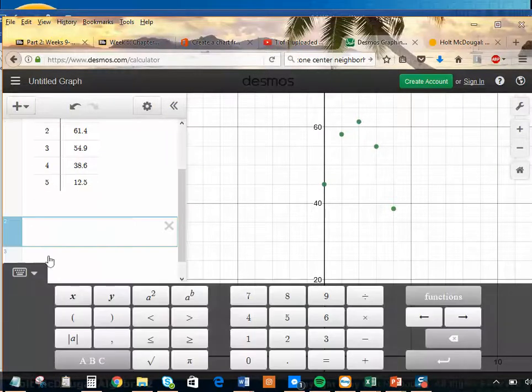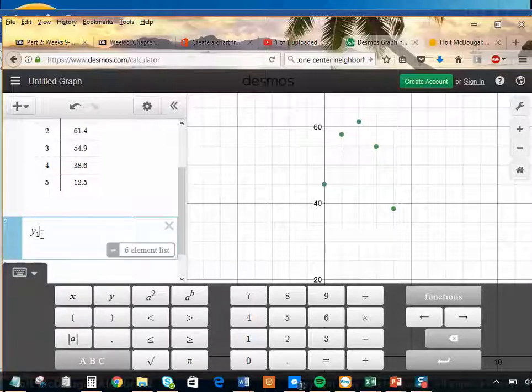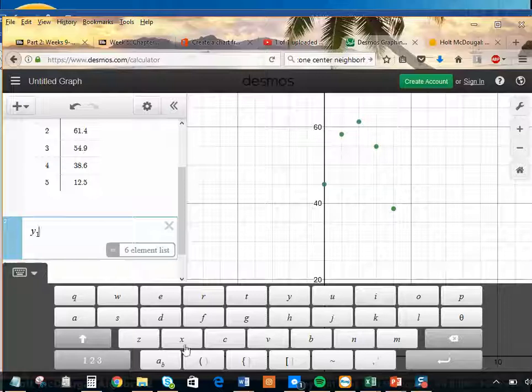Now to do the quadratic regression, we type y sub 1. So you can just put a 1 after it, and Desmos knows that that's what you mean. And then we use that similar key on your keyboard. I can probably find it on here somewhere. Yeah, it's this key. And then we're going to go back to here.